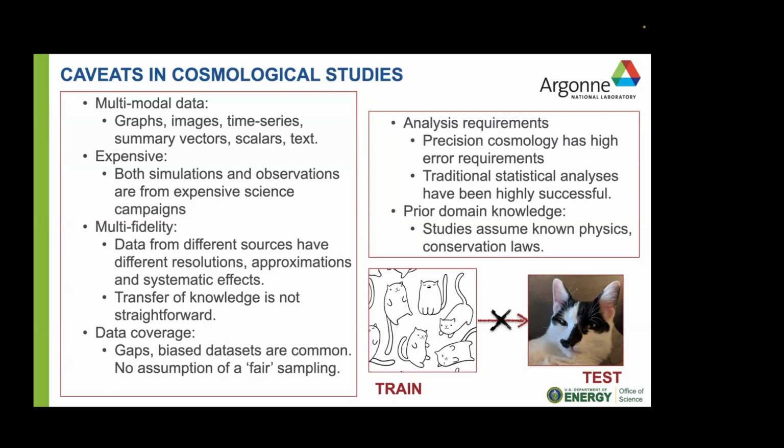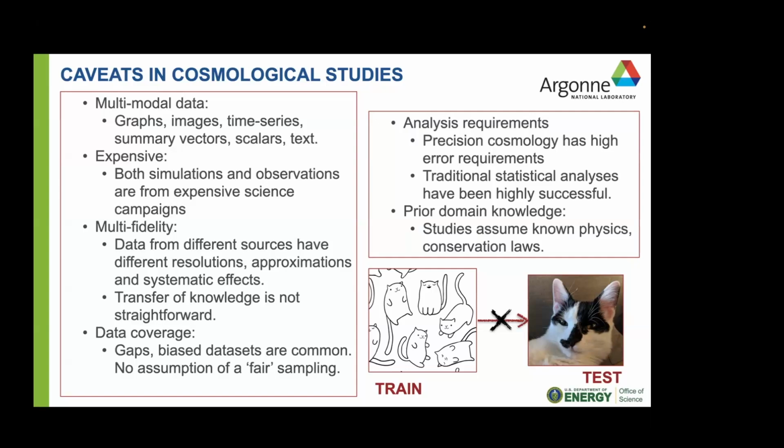For instance, if I were to do a cat classification network, I cannot possibly train a network based on cartoons of cats and then test it on a real image of a cat and expect it to work. This is true with any machine learning algorithm. So even in scientific data sets, if my simulations are not good enough, then they're not going to work well with the actual data.